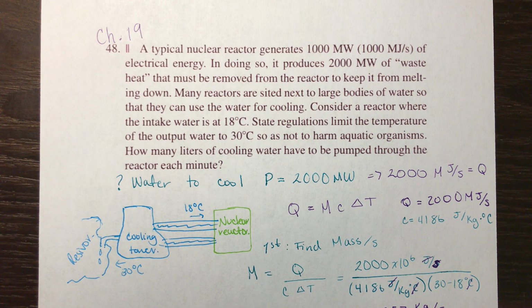Consider a reactor where the intake water is 18 degrees Celsius. State regulations limit the temperature of output water to 30 degrees Celsius so as to not harm aquatic organisms. How many liters of cooling water have to be pumped through the reactor each minute?